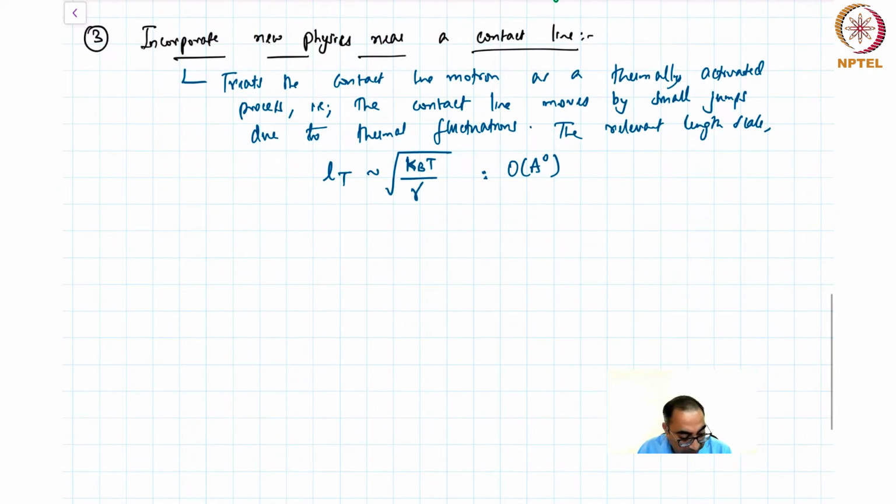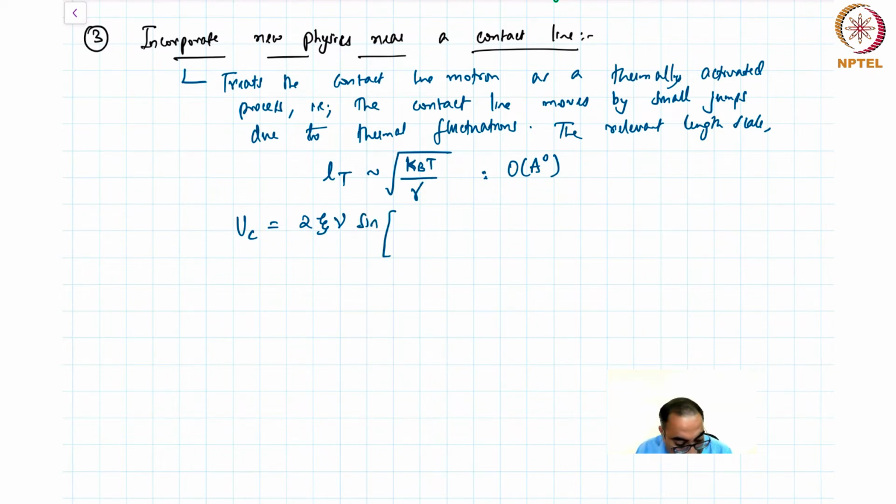And now we can calculate from this the speed of the contact line. The speed of the contact line will now be something like 2 times xi nu, where xi is the scale related to the size of the jump.